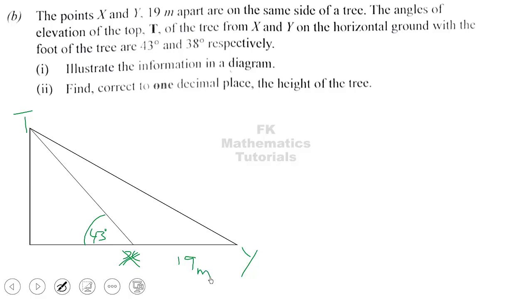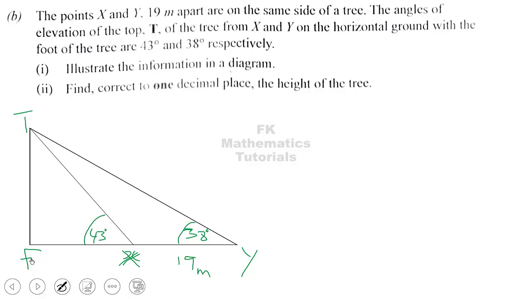And so this is 38 degrees. Now this is the illustration of the information on the diagram. Let's say the foot of the tree is F. So we finish illustrating it on the diagram.